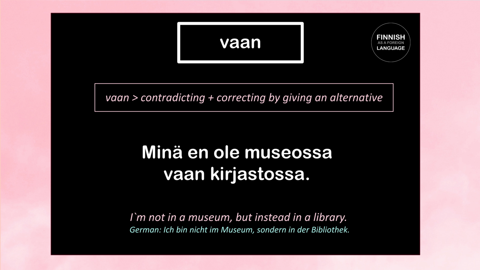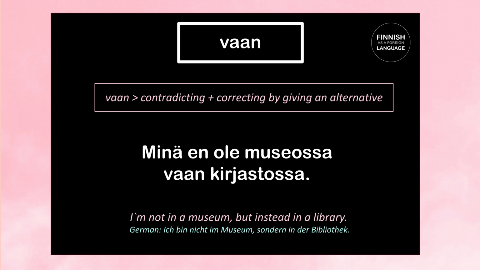Minä en ole museossa, vaan kirjastossa means I'm not in the museum, but instead in the library. Minä en ole museossa, I'm not in a museum, vaan kirjastossa, but instead in the library. So here we use vaan in order to correct our first clause by sharing an alternative, which is olen kirjastossa, in the library.